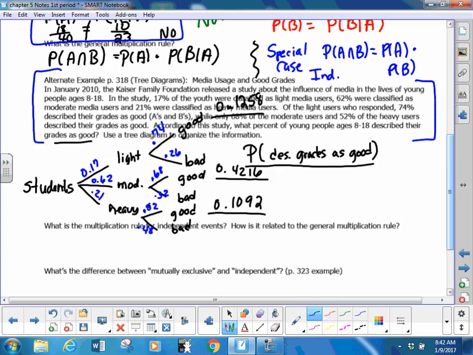Plus. Multiply is "and," add is "or." So if you add all three of those together, and I want to come out to the side just in case you look back at your notes, add: 0.6566.